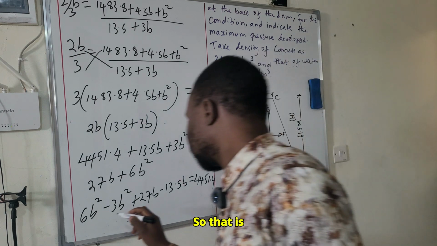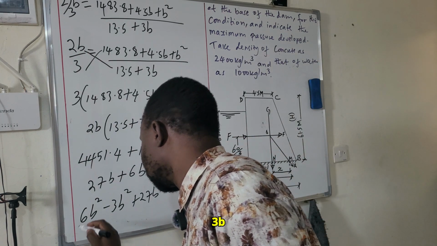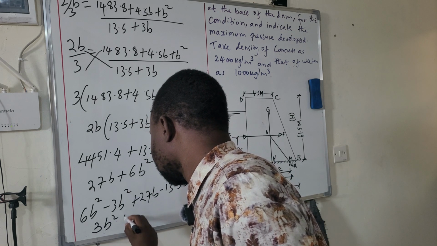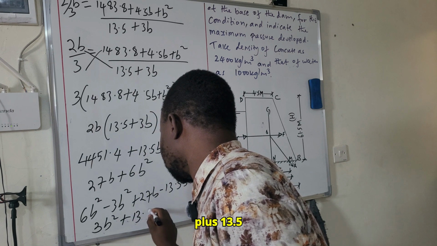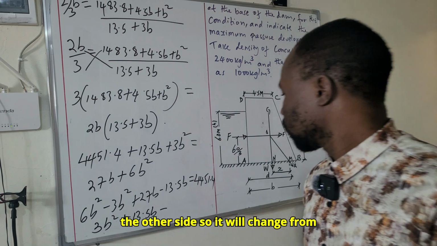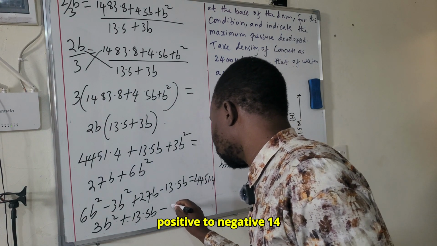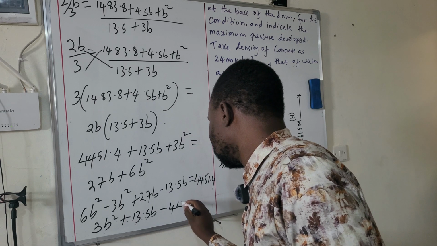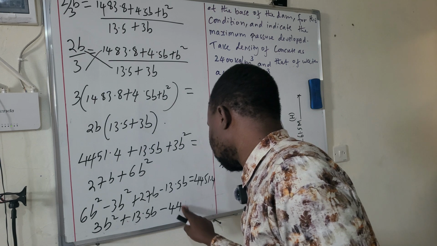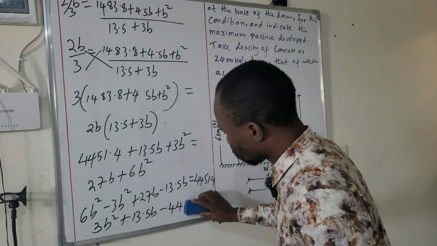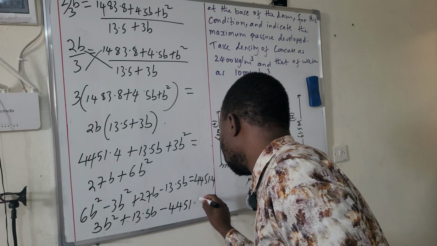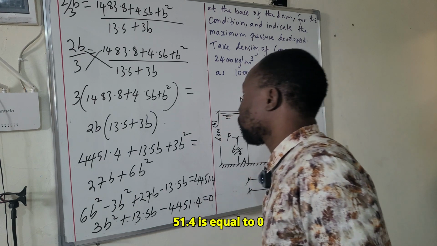So that is 3B square plus 13.5B minus this one, it will cross to the other side, so it will change from positive to negative, 4451.4 is equal to 0.